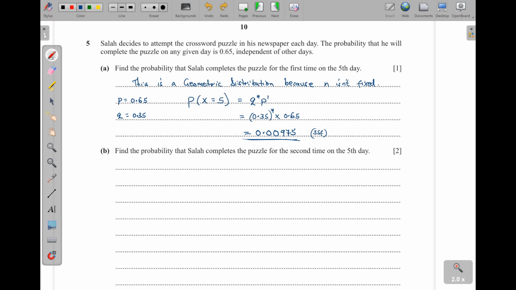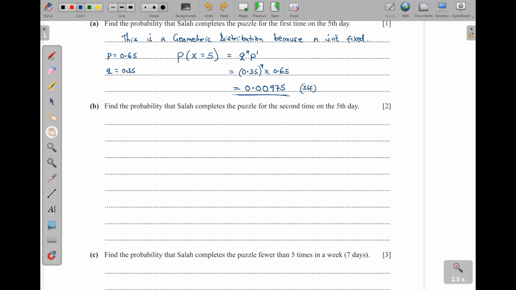Part B, find the probability that Salah completes the puzzle for the second time on the 5th day. Completes the puzzle for the second time on the 5th day. That means we can have 1, 2, 3, 4, 5. So on the 5th time, that is where this person receives the success. Okay, so meaning here, this person can get the success on the 1st time, maybe on the 2nd time, or on the 3rd time, or on the 4th time.